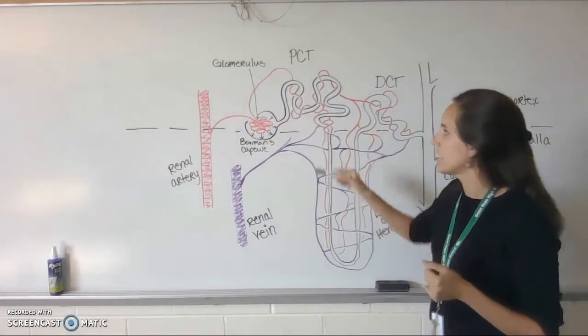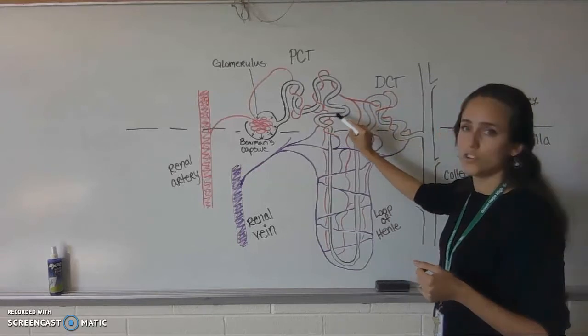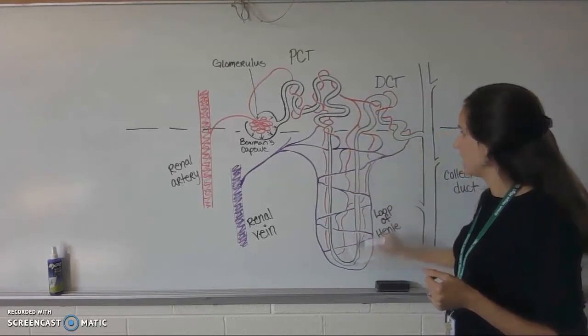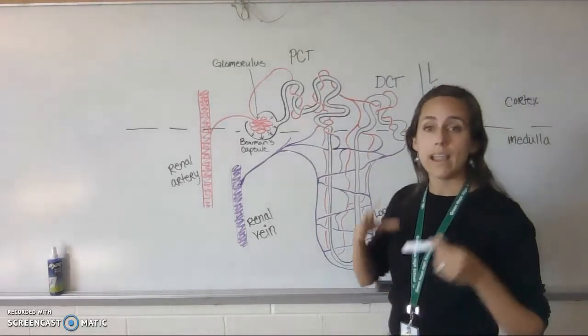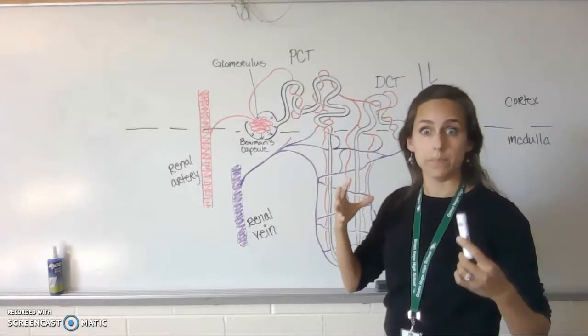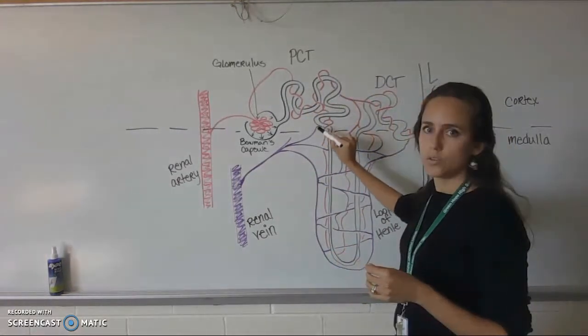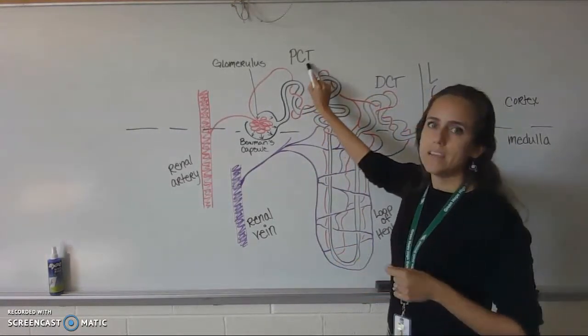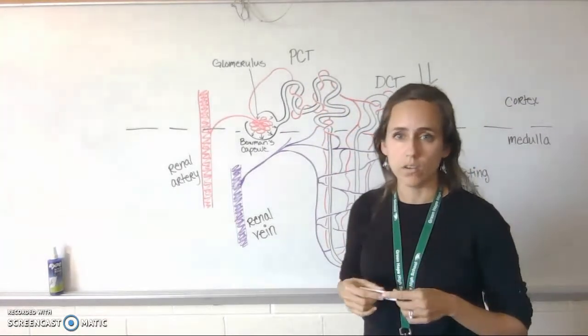So this filtrate then travels the length of the tubules within the nephron. And of course, there are certain areas of the tubule, and they're all named different things. The first twisted part of this tubule is referred to as the PCT, or the proximal convoluted tubule.